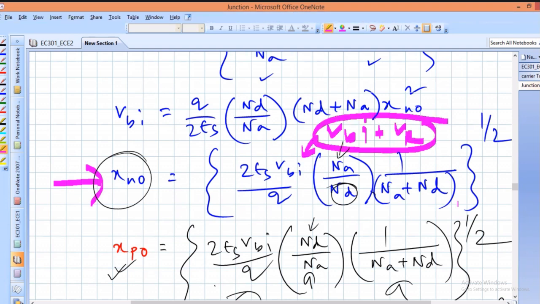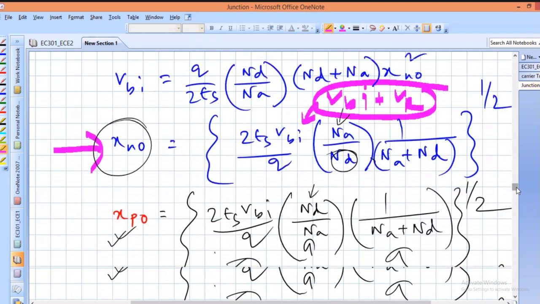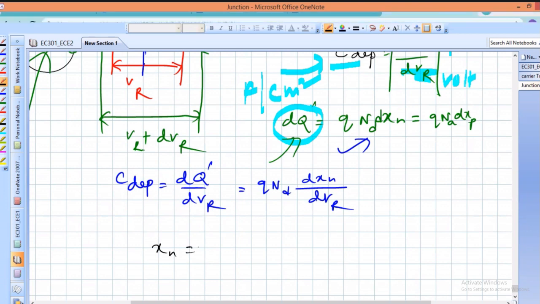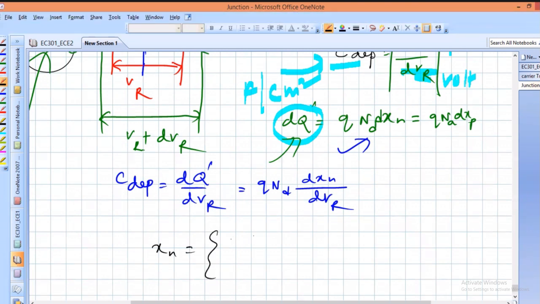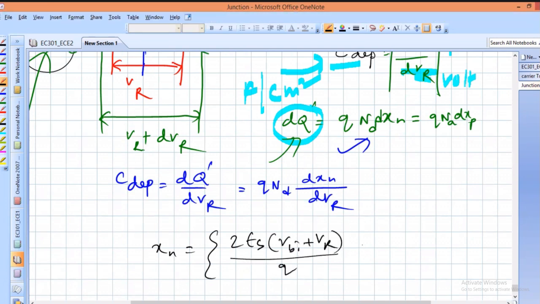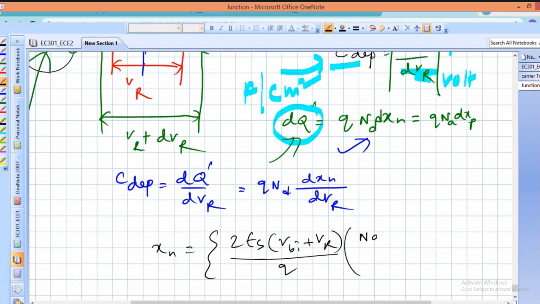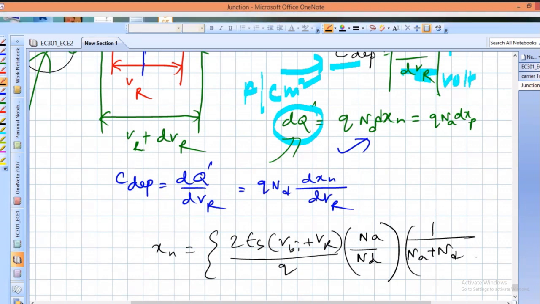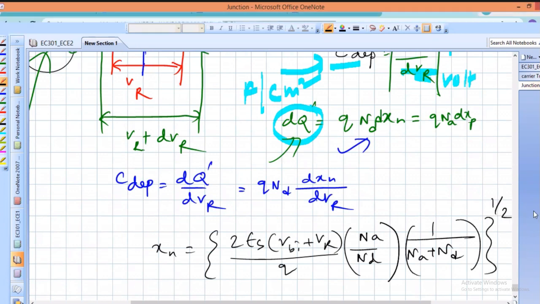You know this, so first I should write xn is equal to 2 epsilon s, phi bi plus VR, divided by q, Na by Nd, 1 divided by Na plus Nd, whole within the square root.